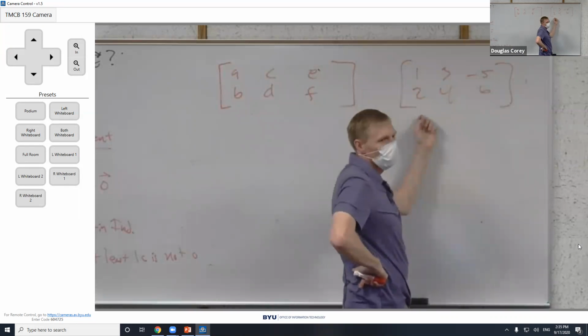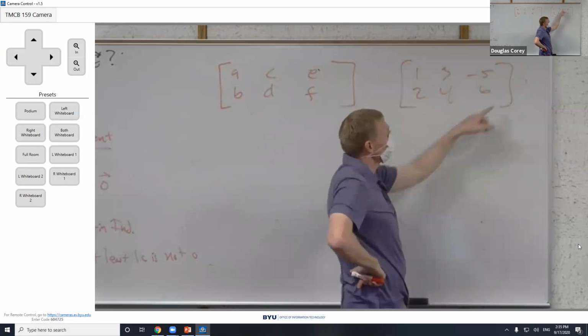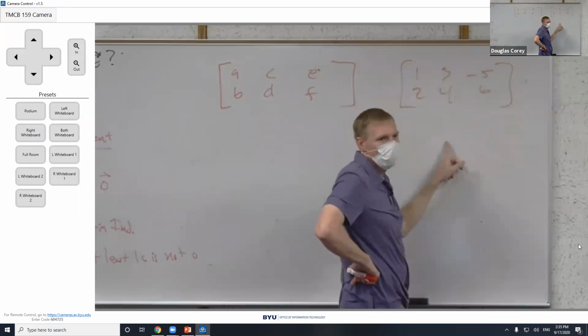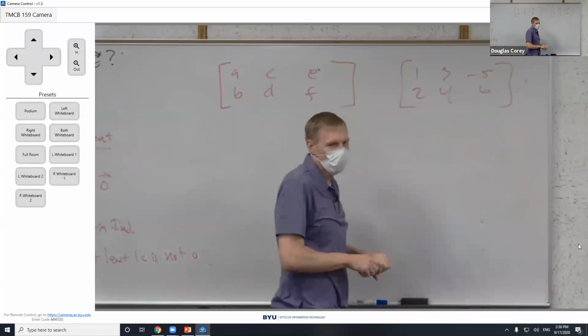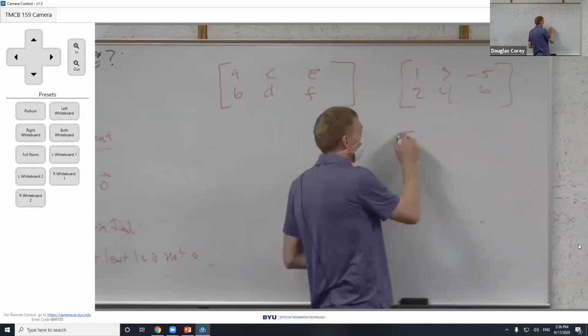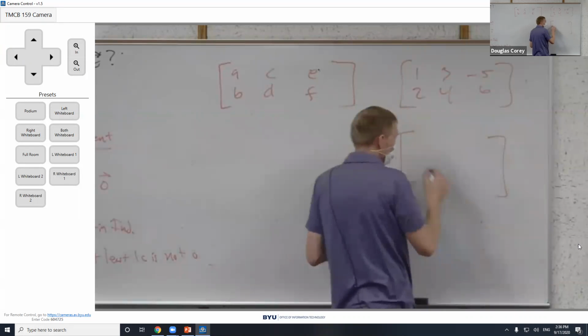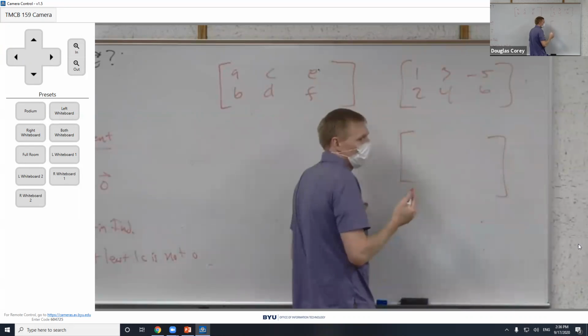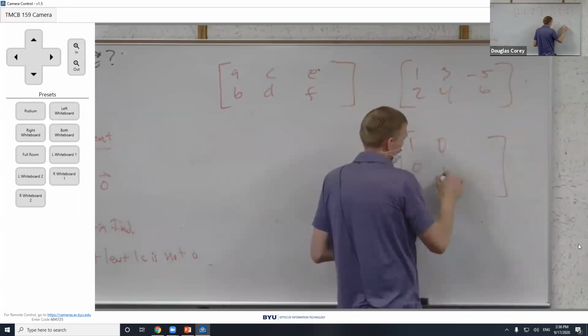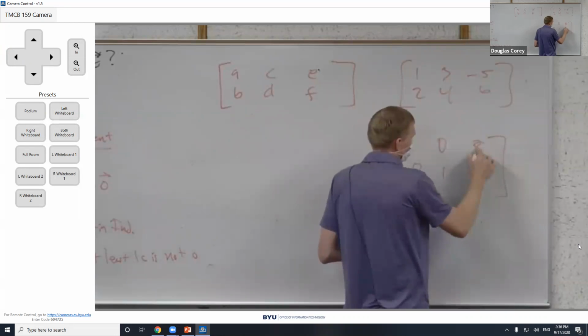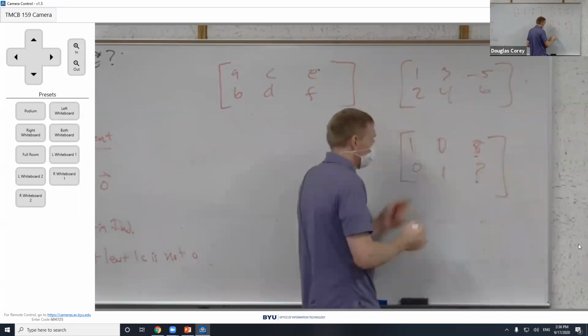Okay. What's going to happen if I row reduce this? What's the highest rank I can have? 2, which means that's the highest number of pivot columns I can have. I don't know what this would be. Okay, it could be like this.